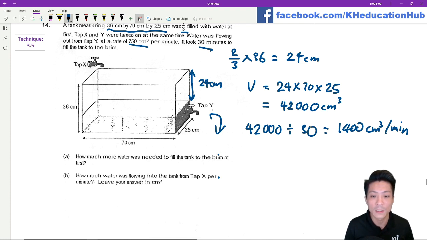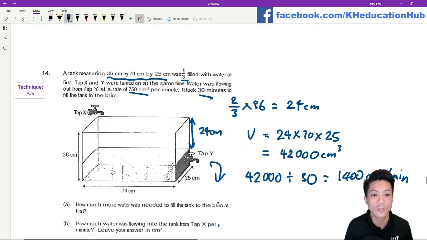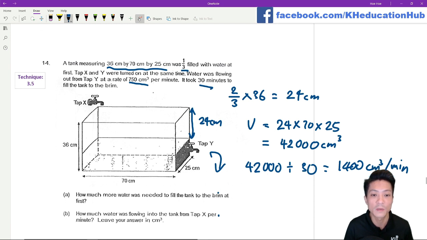Now I know that tap Y, water is flowing out at the rate of 750 cm cube per minute, right?